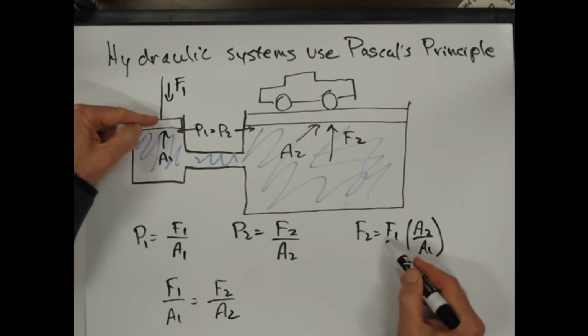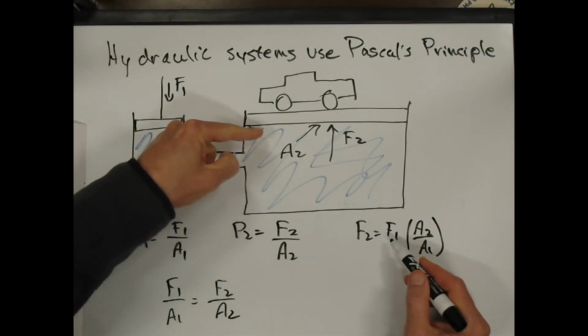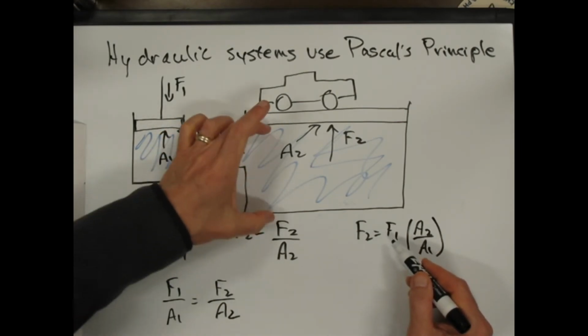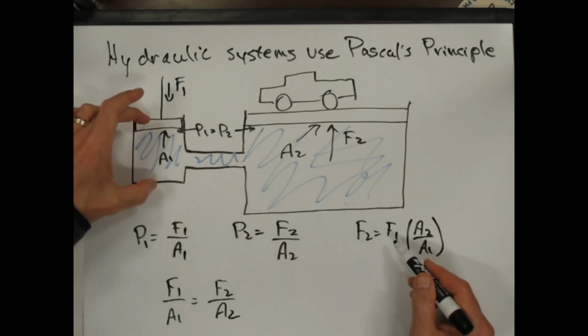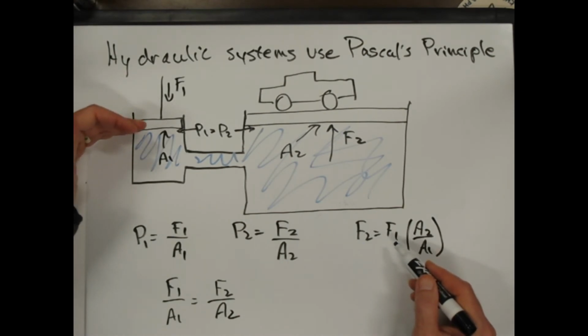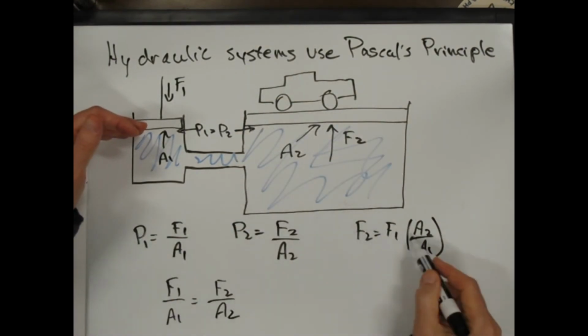The catch to this, you might think, well, aren't you getting something for nothing? The catch is, of course, the smaller this gets, the farther I have to move this plunger to get an equal rise on this side, because it takes more fluid to make this move up an equivalent height to this one. And so usually they have a motor that's pressurized that's moving the fluid in as it's filling it up, but under a pressure that allows it to lift this other side. And so this is the formula.